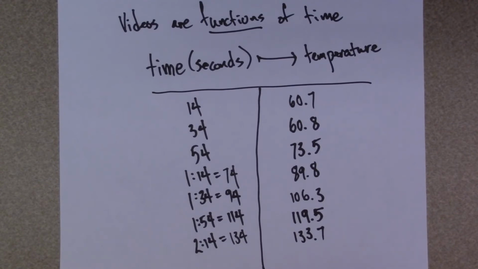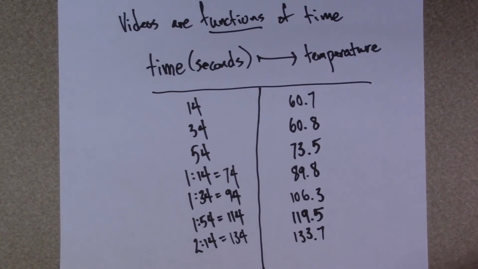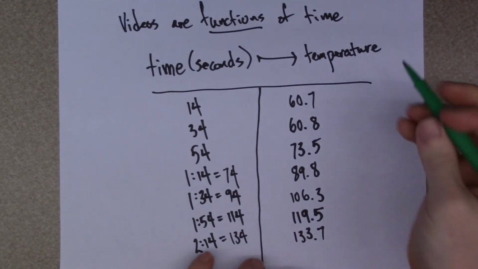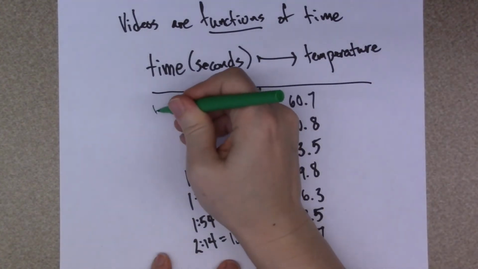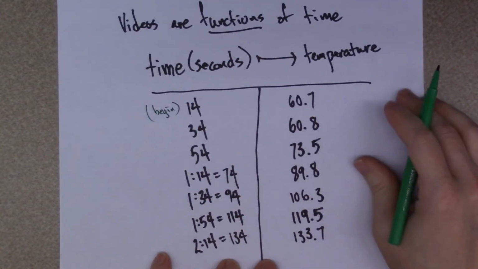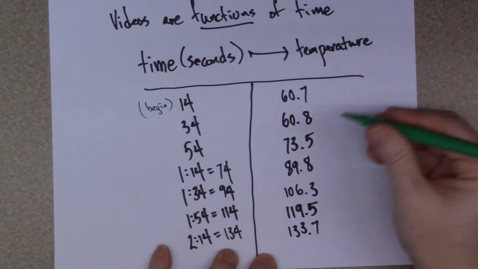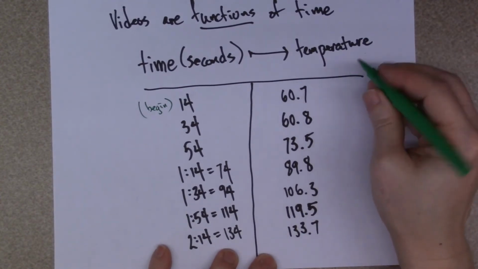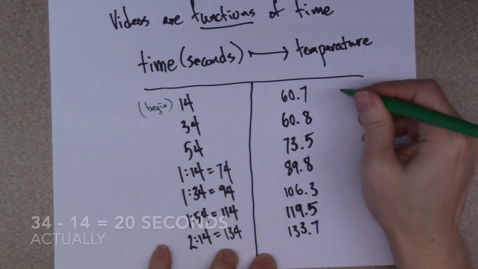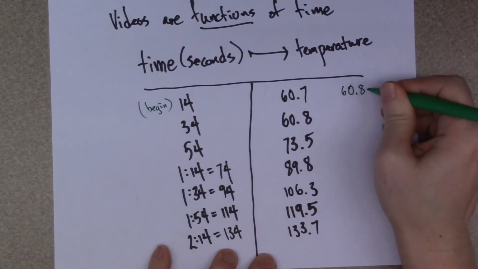I'll stop right there, and we can use these now to look at the rate at which the temperature changed. So for example, as I look at just the time beginning at 14 seconds, this is when time began, we had a temperature of 60.7, and over the course of 34 seconds, it ended up at 60.8.